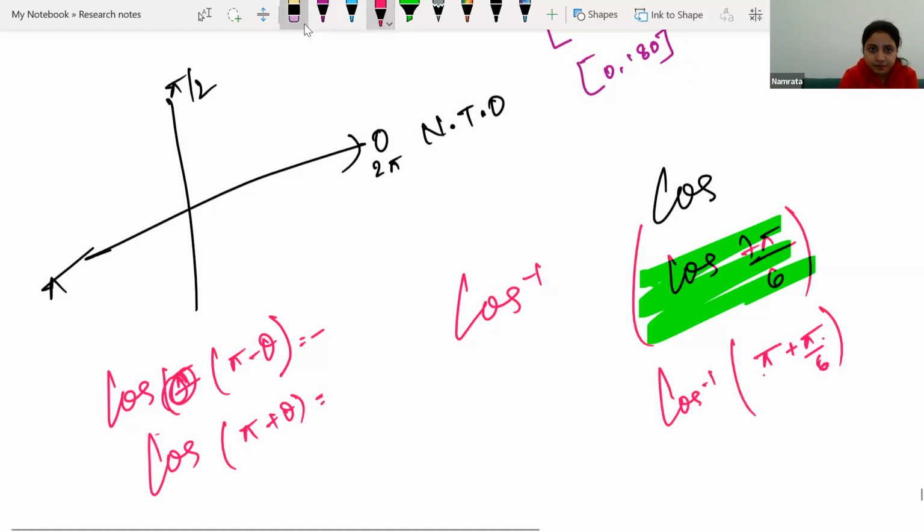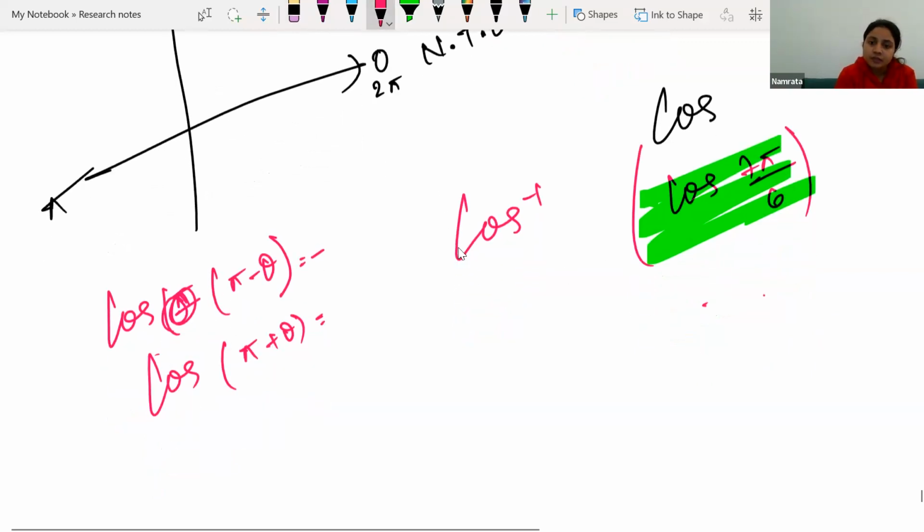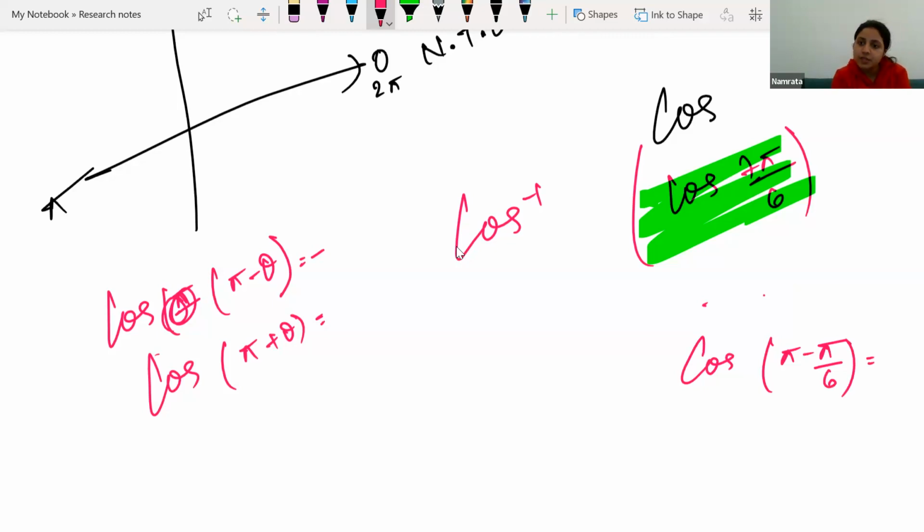If we take pi minus pi by 6, it will be 5 pi by 6.